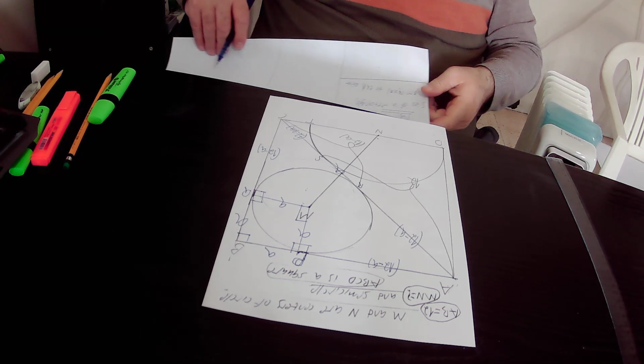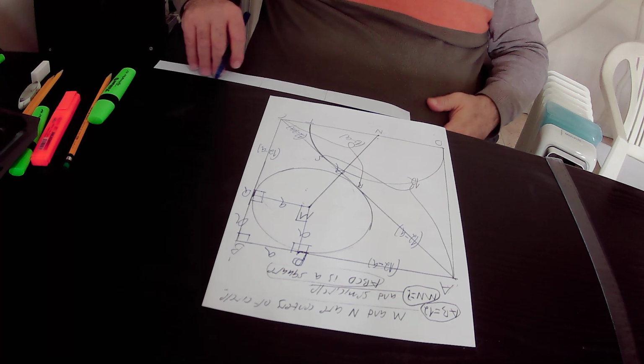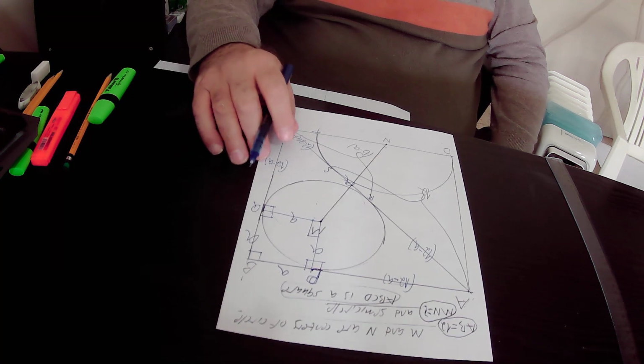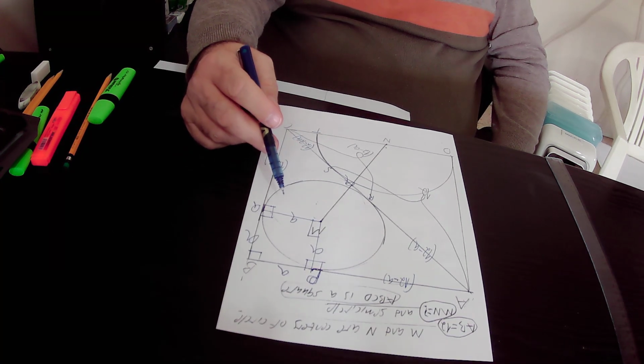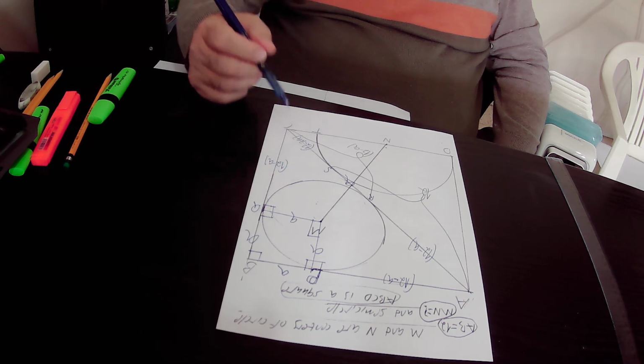In the next step, we will implement the Pythagoras theorem on the right triangle, big triangle, triangle ABC.